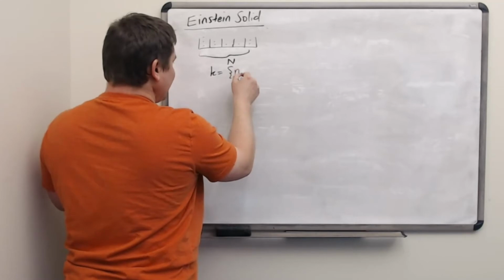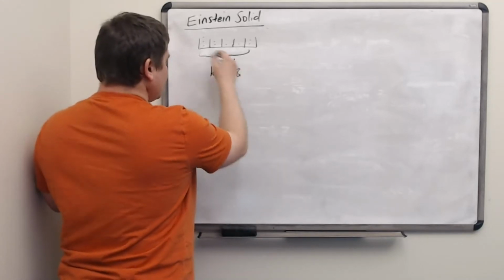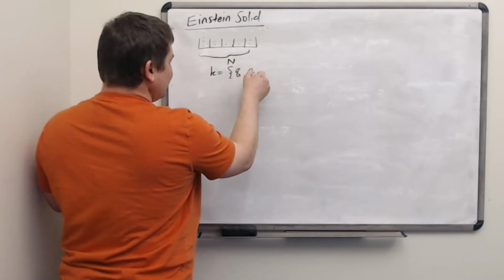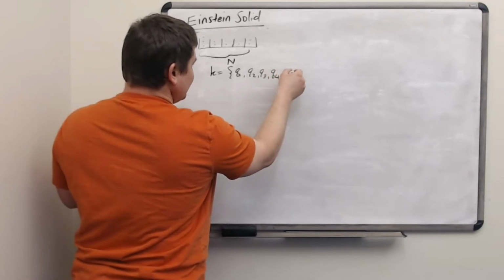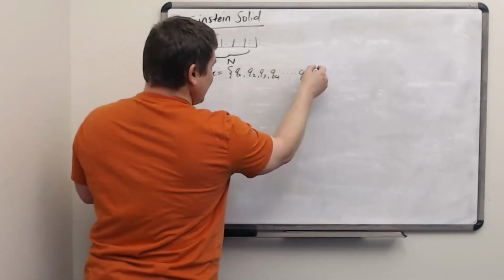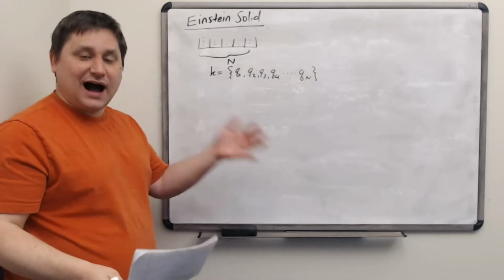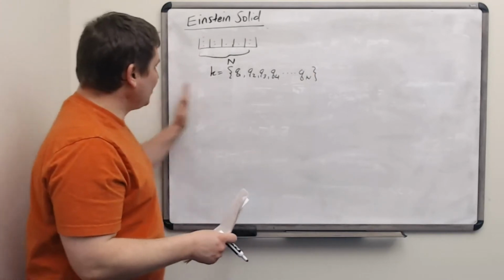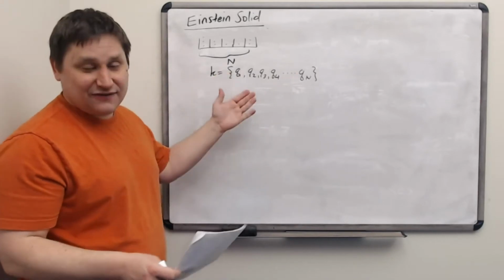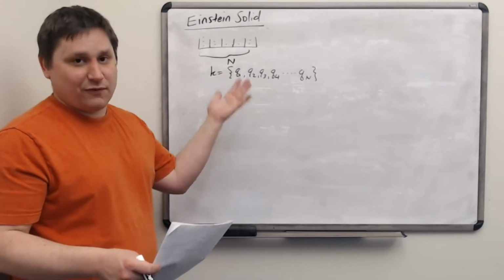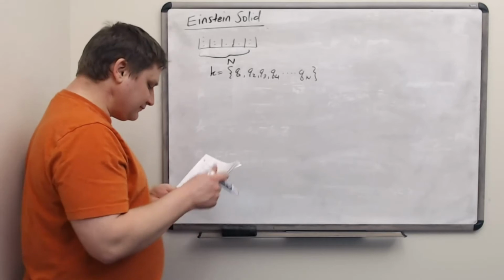We would specify, say, the number of excitations in atom 1, the number of excitations in atom 2, the number of excitations in atom 3, and so forth. We have to basically give the number of excitations that are residing on every oscillator in the system. So we have a long vector of n components, and all these q's are positive integers. So they could be 0, 1, 2, 3, 4, 5, up to infinity, but not negative and not fractions.